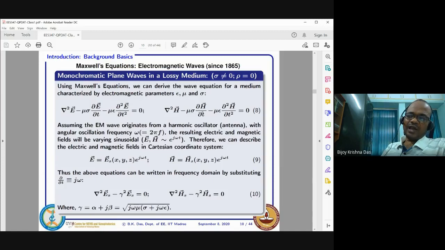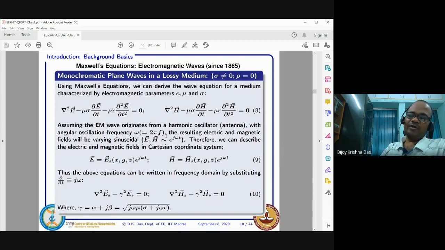That antenna can radiate an electromagnetic wave if there is an oscillating charge or current across the antenna. So you can see that there will be some kind of radiation pattern. Suppose that antenna is oscillating with a single frequency, omega equal to 2 pi f, and that is creating your electromagnetic wave.